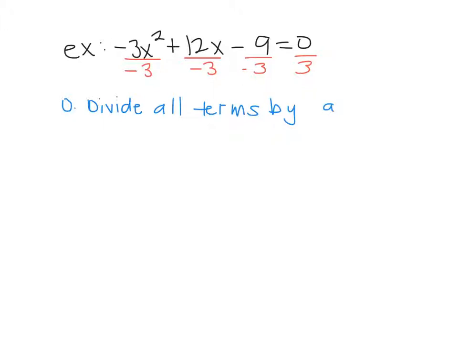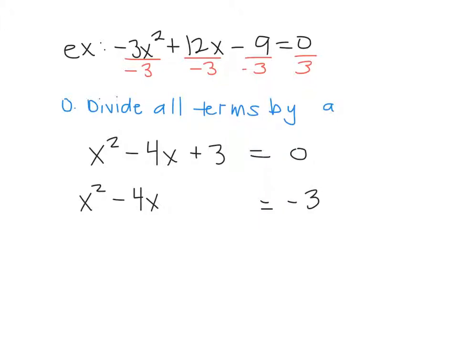If we rewrite what that's going to look like, for the first term we end up with just x squared. For the second term, 12 divided by -3, we get a -4, so we get -4x, and a -9 divided by -3 is going to be a +3. So now we can continue on with the rest of the steps. Step 1, we want to move the 3 to the other side, so we subtract 3 from both sides.